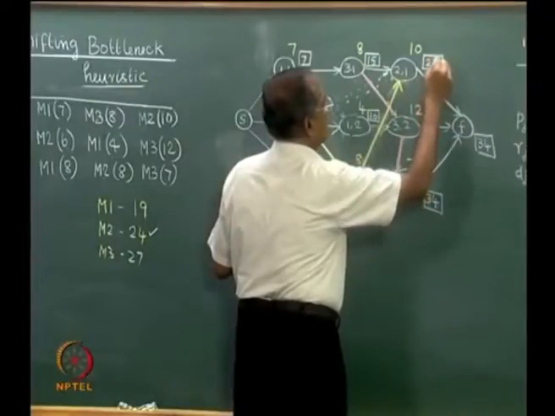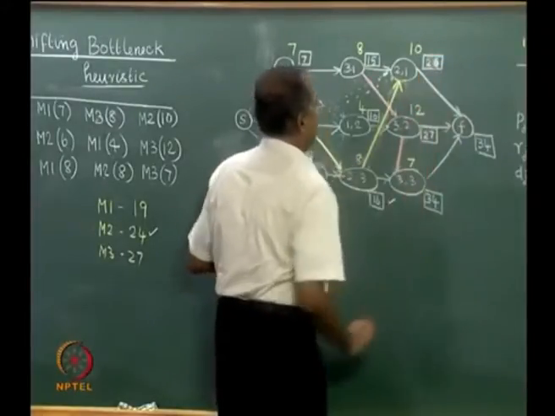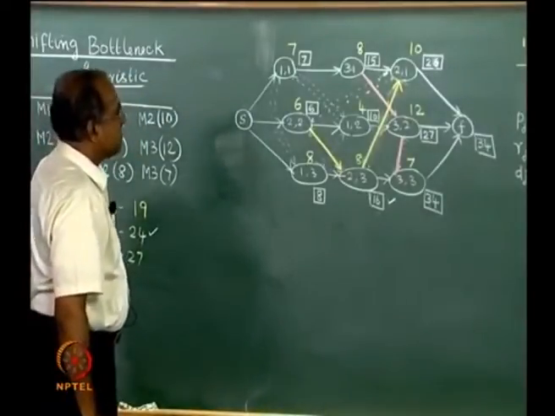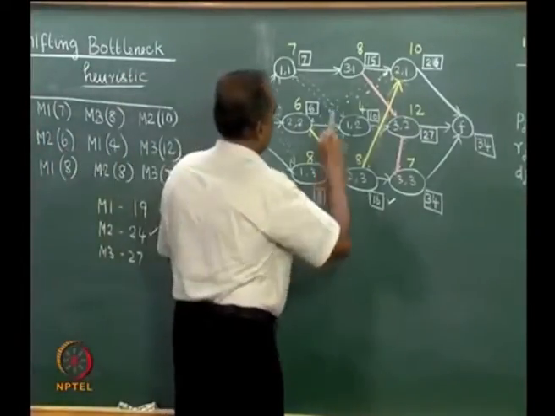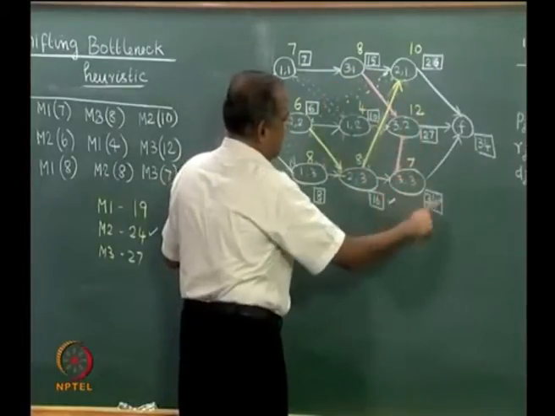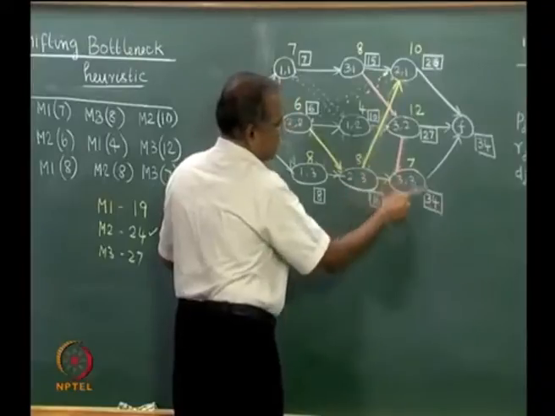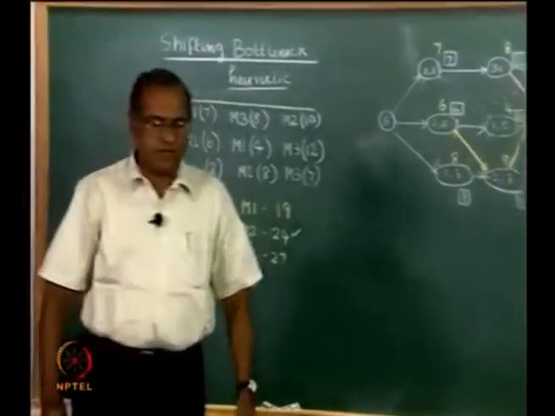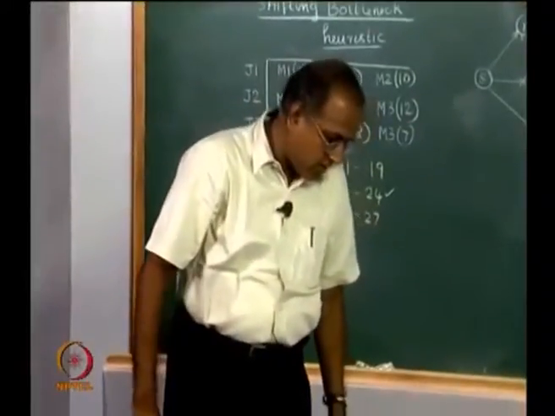So, this will become 26. Otherwise 15 plus 12, 27, 27 plus 7, 34, 16 plus 7, 23, 34. So, the lower bound remains at 34 with this.